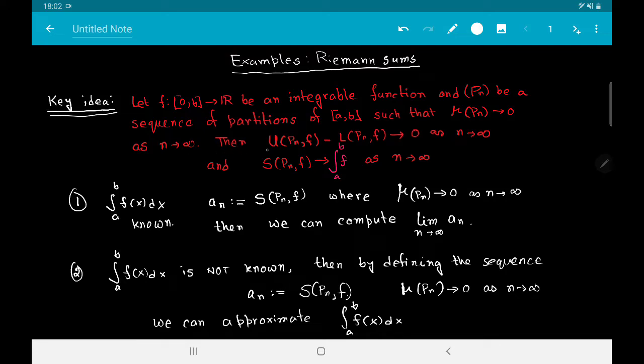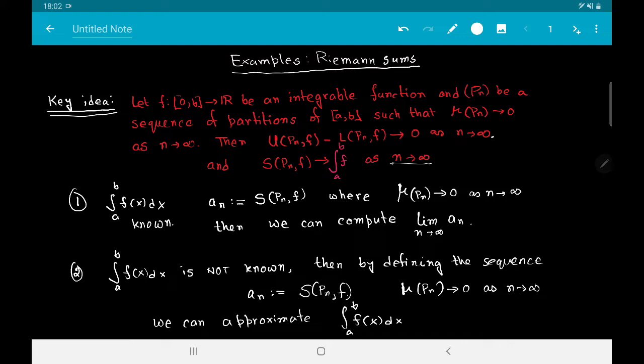Then U(P_n) minus L(P_n) goes to 0 as n goes to infinity, and furthermore in that case S(P_n, f), the Riemann sums corresponding to the partition P_n and the function f, also converge to the integral of f over the closed interval [a, b] as n goes to infinity, as you have seen. Now, how do we make use of Riemann sums?